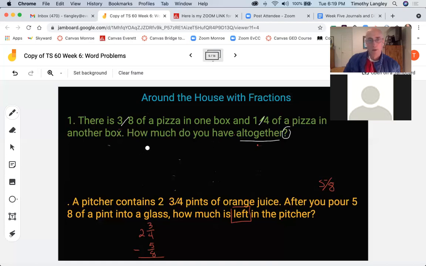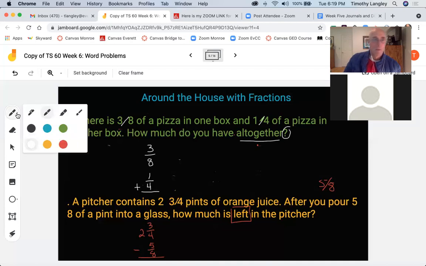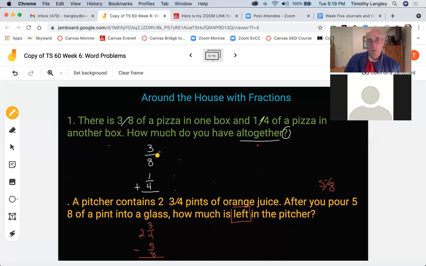So we're going to go 3/8, which hopefully by now we're starting to learn how to do these fractions, plus 1/4, okay? And I'll do it real fast here to model it for you. So I need a common denominator, and they both go nicely and cleanly into 8. So anyway, that's what I would do. And then 4 goes into 8 2 times, so this becomes 2/8. 8 goes into 8 once, so this is 3/8.